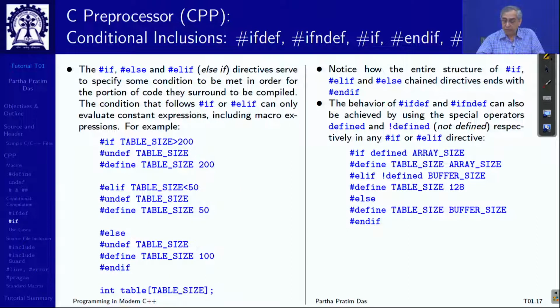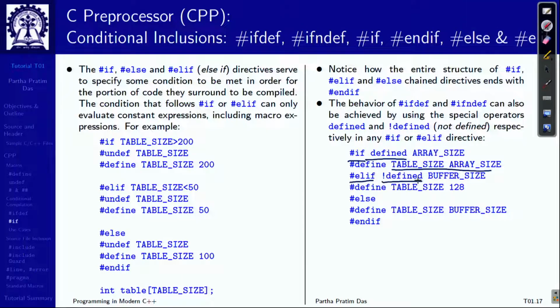There is another form of Ifdef also, which is used with the defined macro. So, I say hash if defined array size, which will become true if array size is defined, and then you are saying that table size is array size. Similarly, else if not defined buffer size.